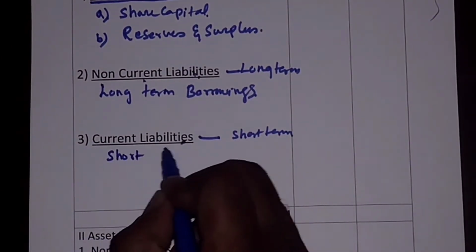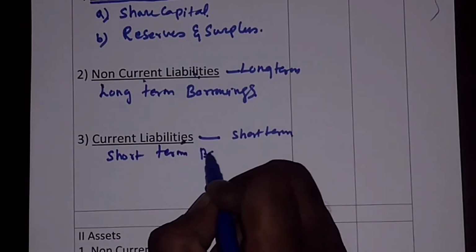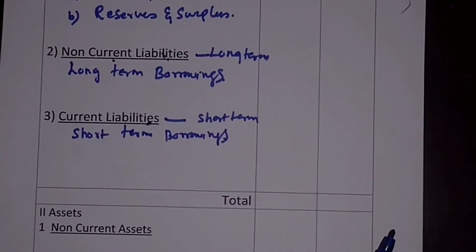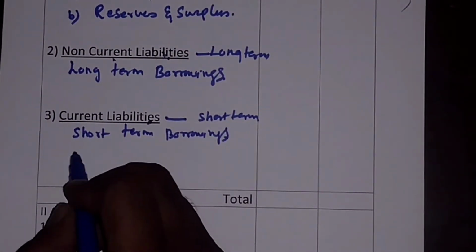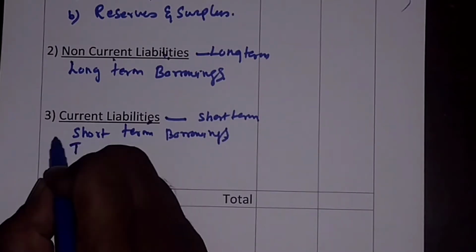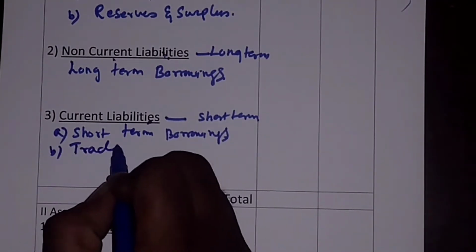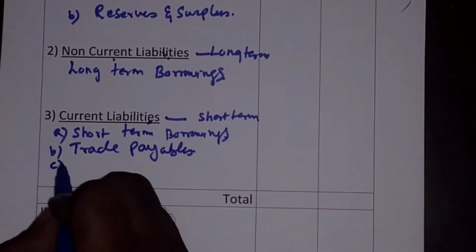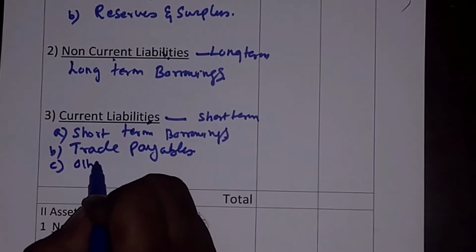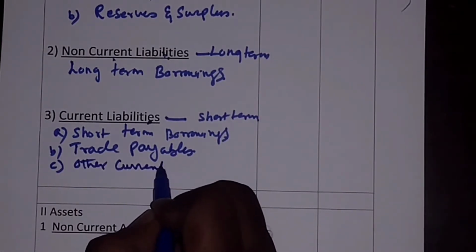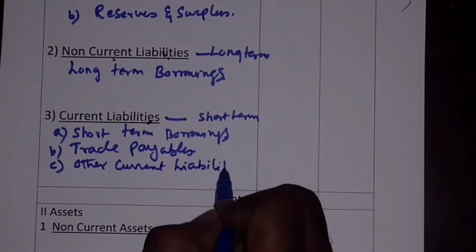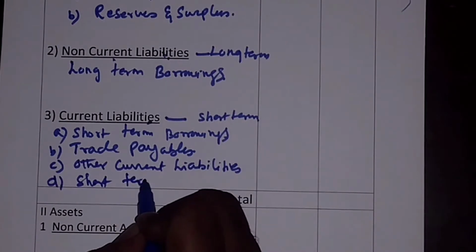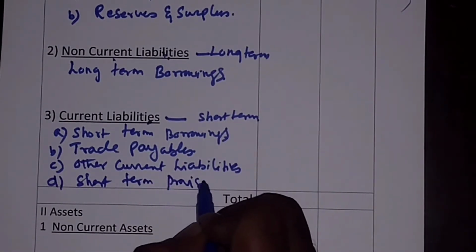Short term borrowings. After short term borrowings, the second one is the trade payables. After trade payables, the next one is other current liabilities. And point D is the short term provisions.